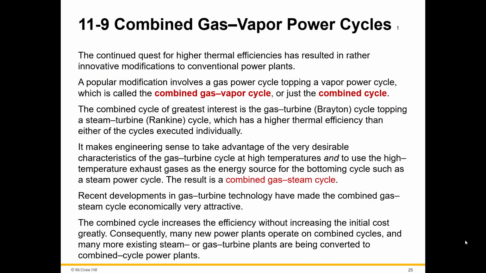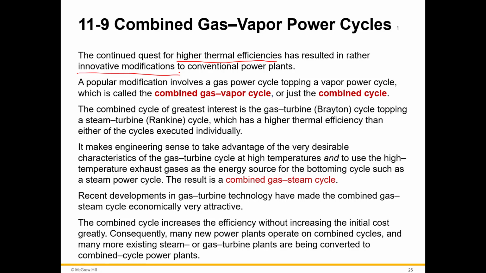So what this is going on to tell you is, of course, the continued quest for higher thermal efficiencies has resulted in rather innovative modifications to conventional power plants. That's because we want it to be more profitable. We want it to be more efficient. Hey, can we add a pump here?